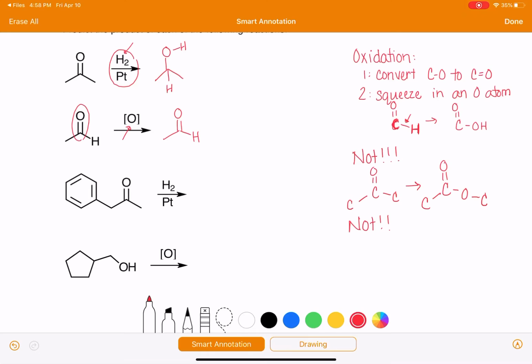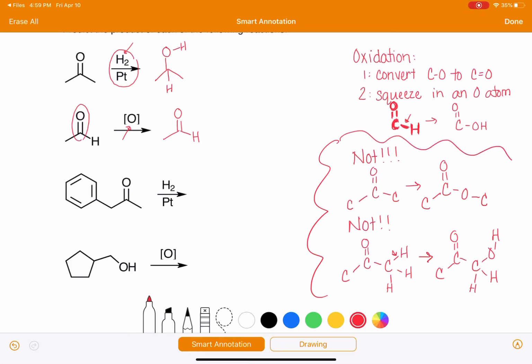So let's say that we have this right there. It doesn't want to squeeze into one of these guys right here. So not that either. It's not any old bond. It's not any old carbon-hydrogen bond. It's specifically this carbon-oxygen double bond with a hydrogen right on it. That's the only place that it wants to go. So don't try to stick it into any of these spots right here.